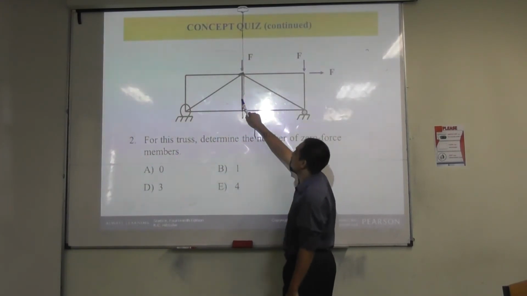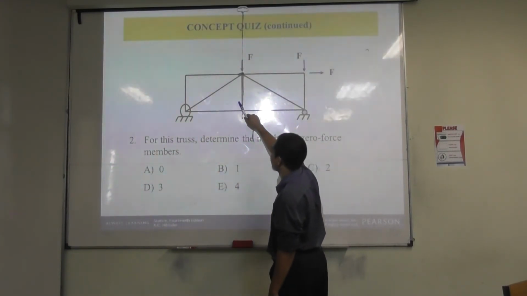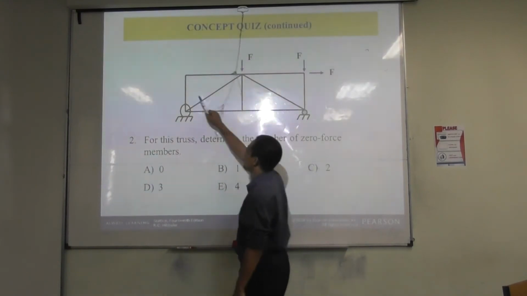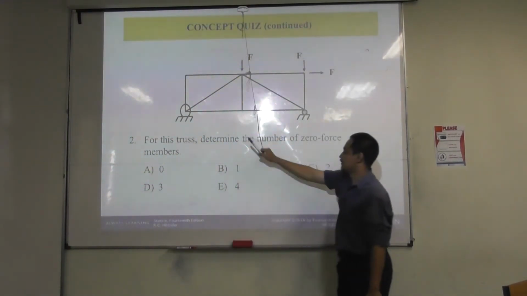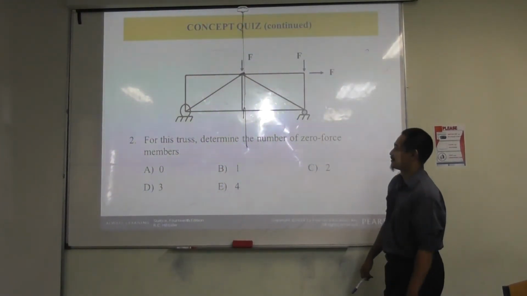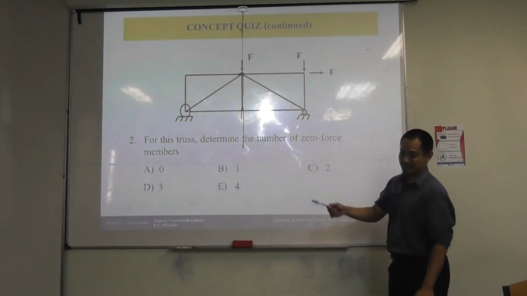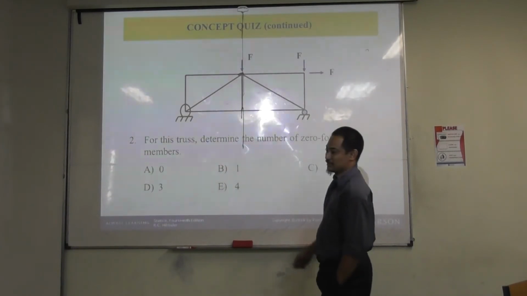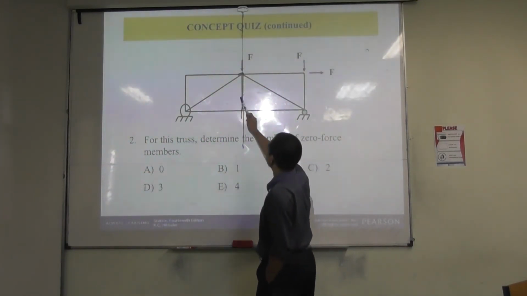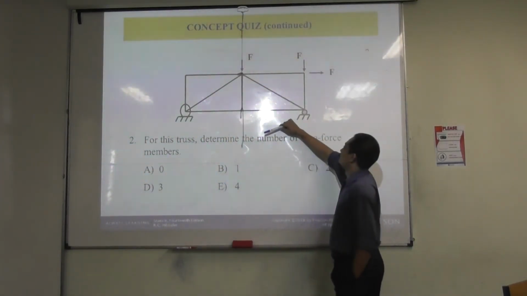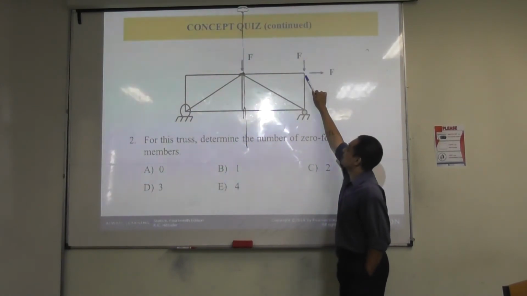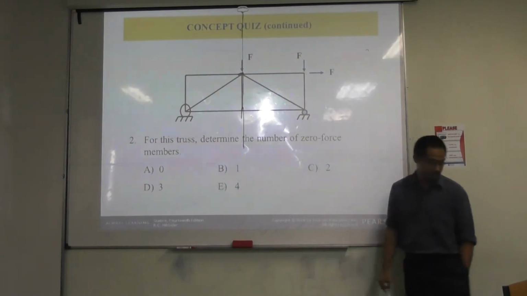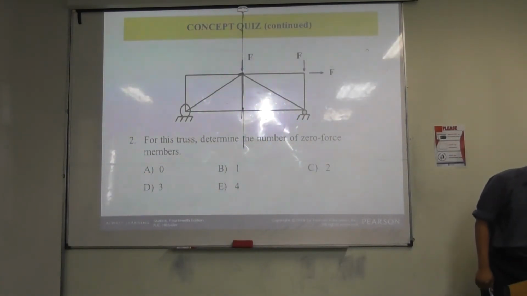So the total is 1, 2 and 3. Here, can you say anything? Why not? Yeah, excellent. Hopefully you understand the concept.